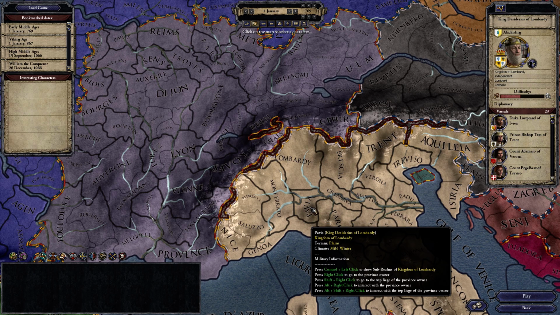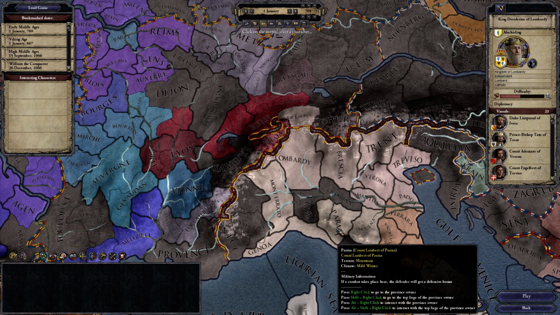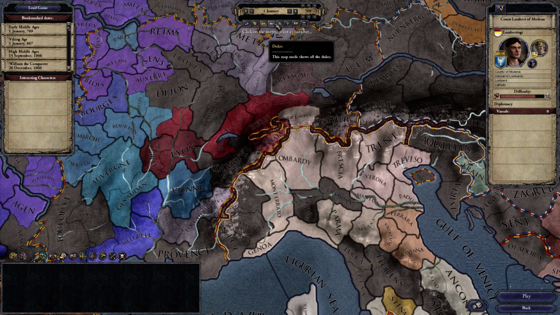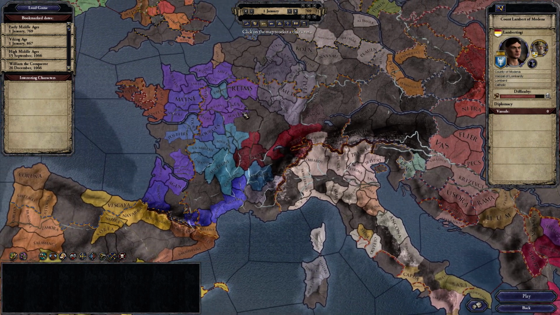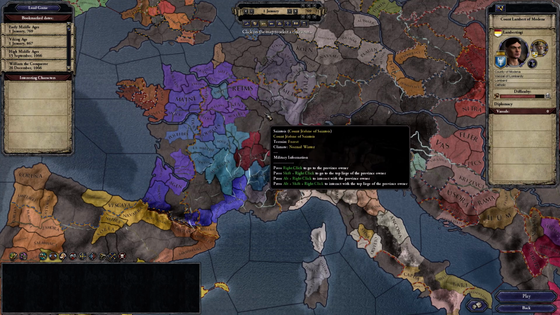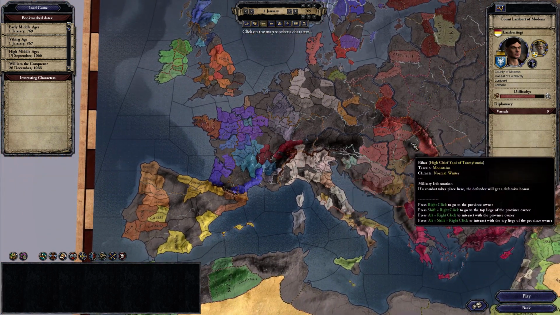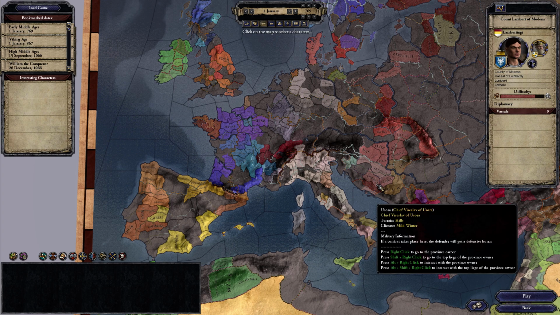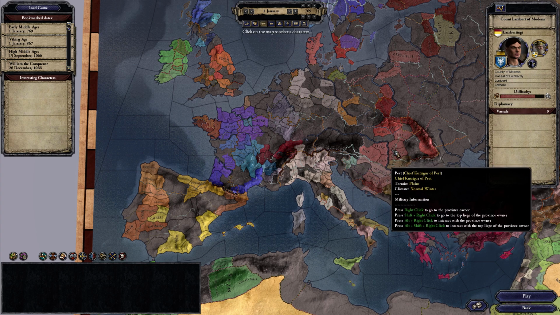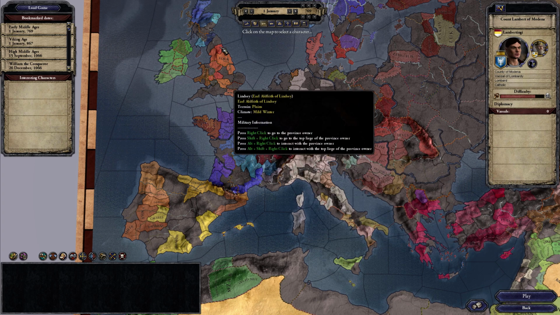Counties are grouped together to form duchies. Here you see the counties, and nice to notice is that when you go to modern countries, the counties within those countries share a similar coloring.